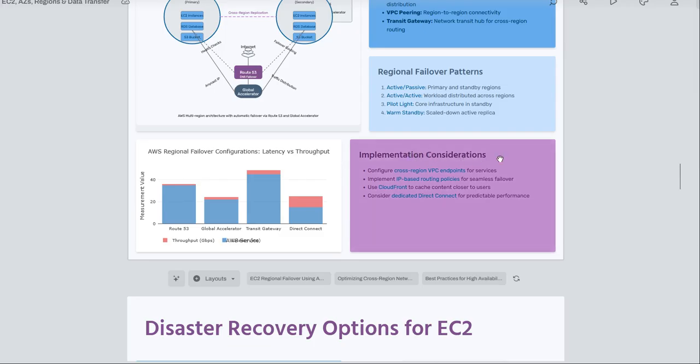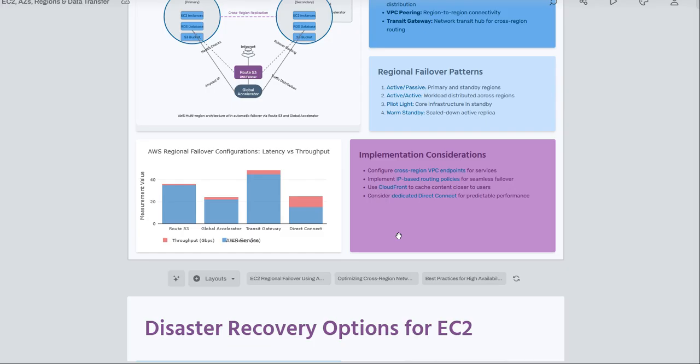Implementation considerations: configure cross-region VPC endpoints for services. Implement IP-based routing policies for seamless failover. And use CloudFront to cache content closer to users, so the CloudFront distribution gives users less latency.